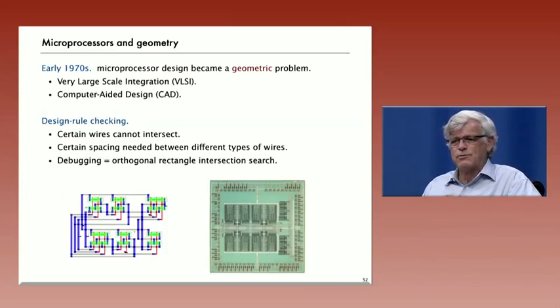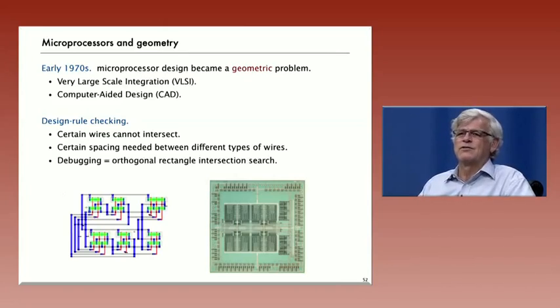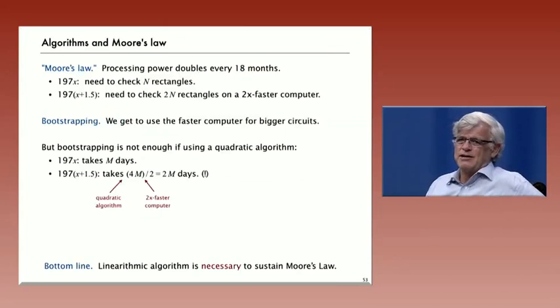And before you tried to make the physical circuit, you wanted to do this checking, which involved this orthogonal rectangle intersection search. And it was actually the case that the progress of faster and faster processors with more and more components was slowed because people were using the naive quadratic algorithm to do this design rule checking.